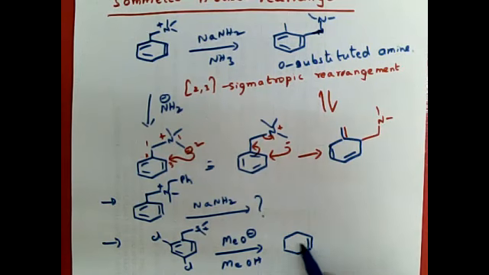This is generating two products. So I'll give the products. You practice how these two products were forming. This is 58%.